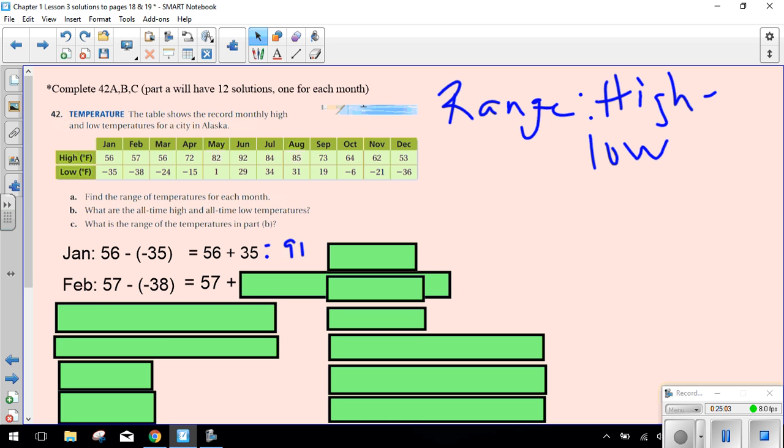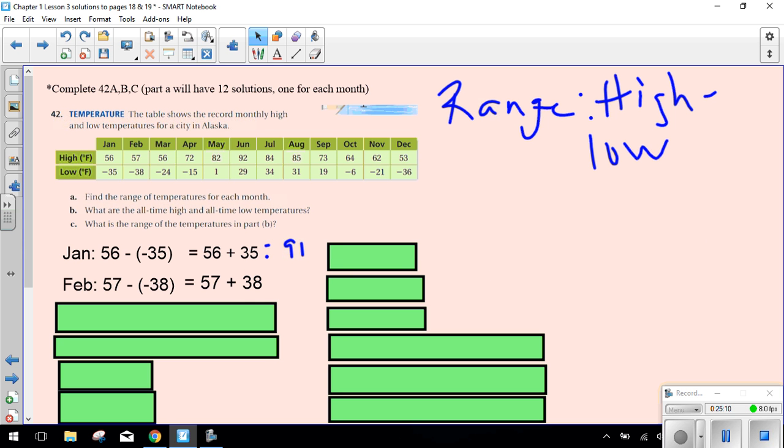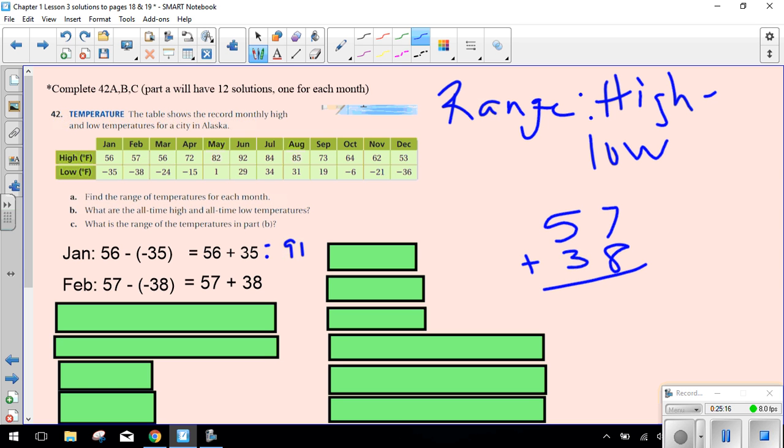We're going to change minus to plus and take the opposite of negative 38, which becomes positive 38. So 57 plus 38. 8 plus 7 is 15. 5 plus 3 is 8, plus 1 is 9. That's weird. Sorry, this should be 95.